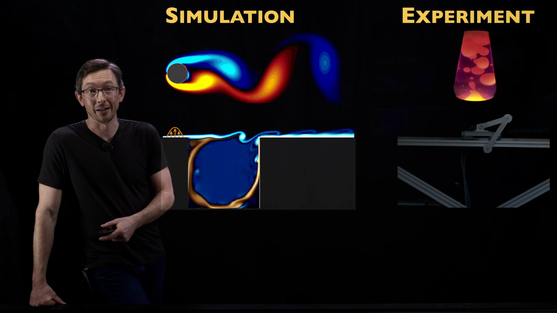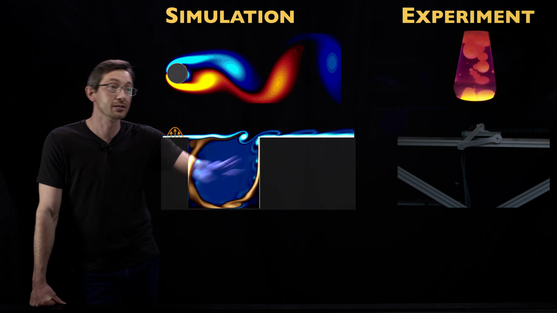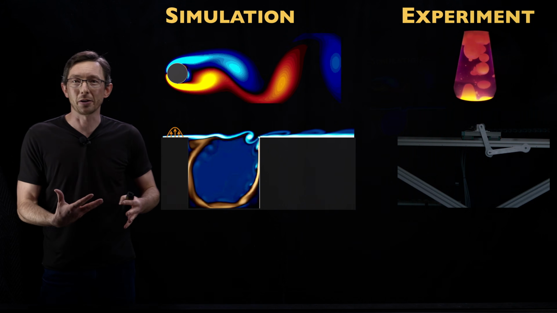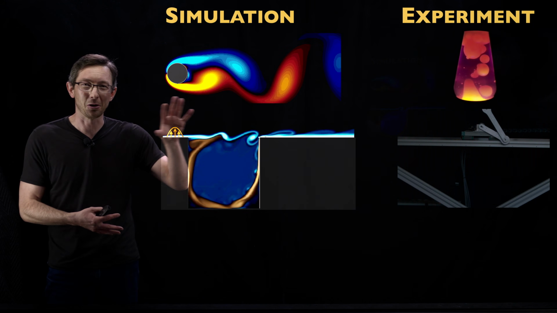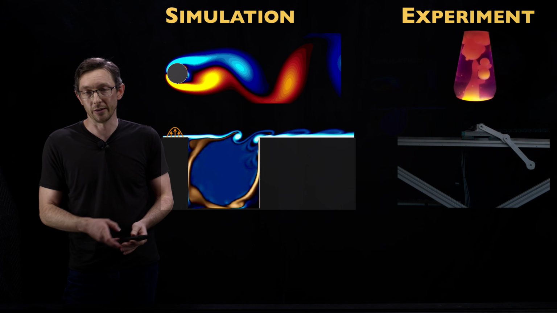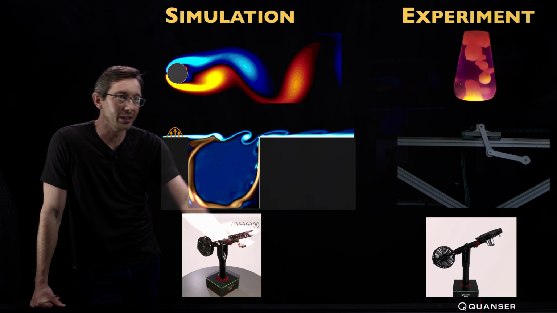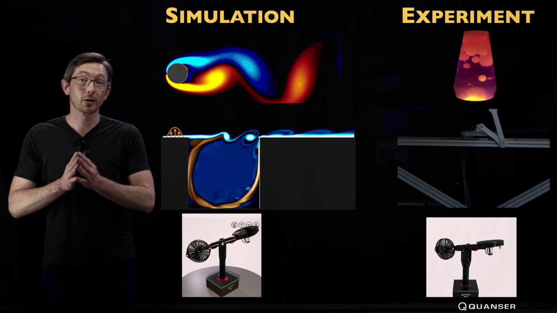So all things to be thinking about. What data do you have, and is it enough? Is it rich enough in time, in space, in parameters? Is it realistic? Are you trying to model something that's already been modeled, and so you're already baking in those prejudices into your machine learning model? Really important to think about. And there's some examples where the simulation and the experiment are almost perfectly matched.